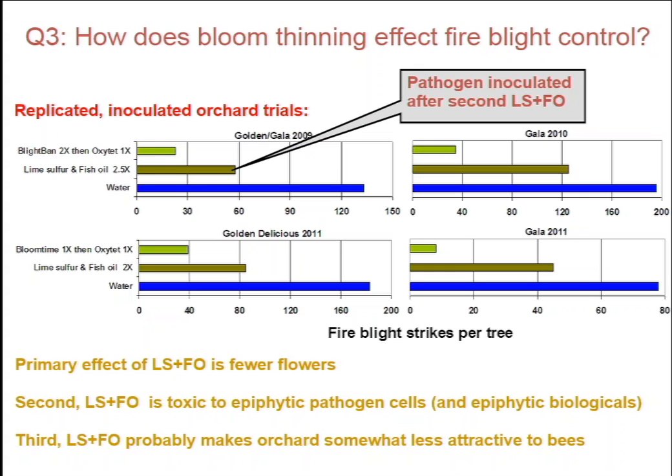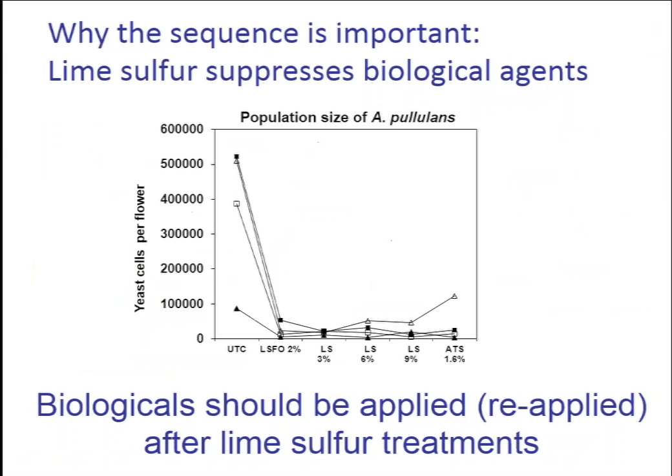It probably within a day has lost most of its punch out there. So you see this effect in control of fire blight, and in this case the effect is primarily, I think, just that there's fewer flowers left that are actually infectable after the lime sulfur treatment because you've burned out the stigmas in these flowers.